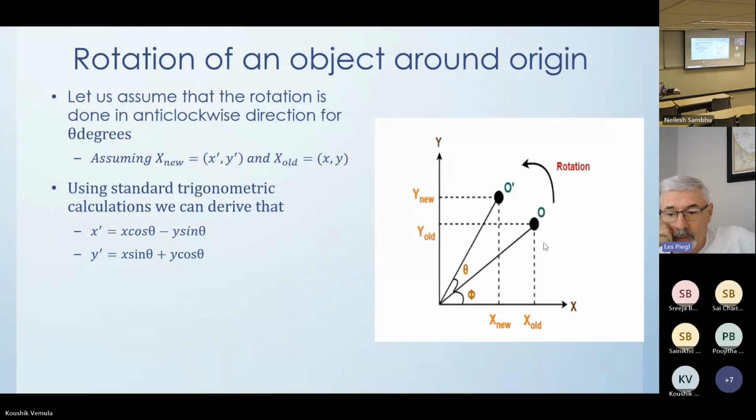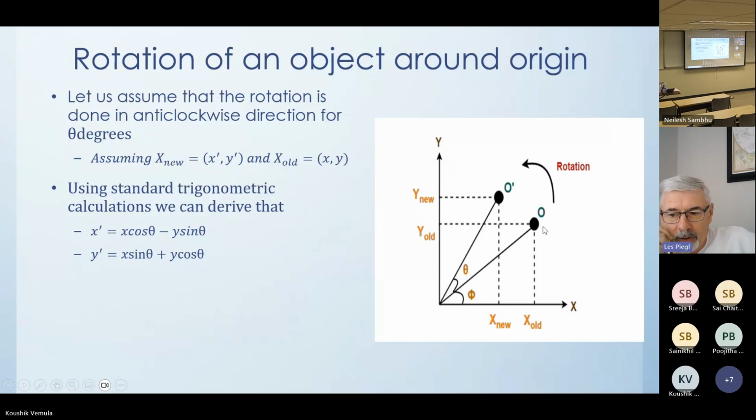You think the distance is going to be 0? I did not get your point. Like the distance between O to O prime. No, it's just go from O to O prime and then go back from O prime to, let's say, O double prime, where O double prime is supposed to be the same as the O.